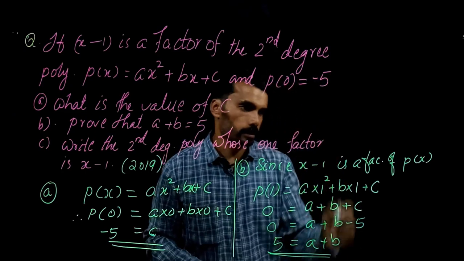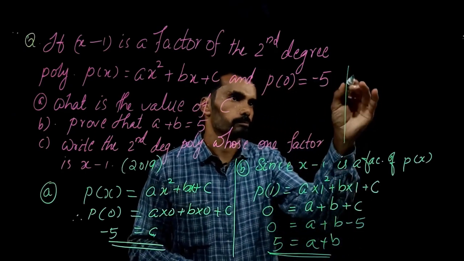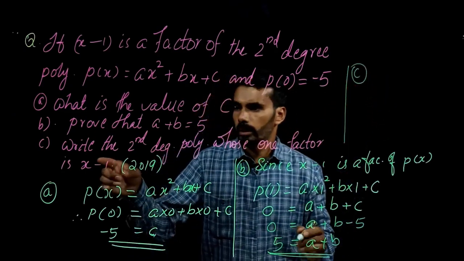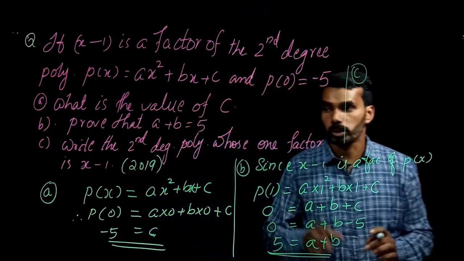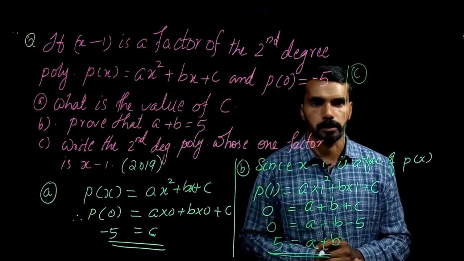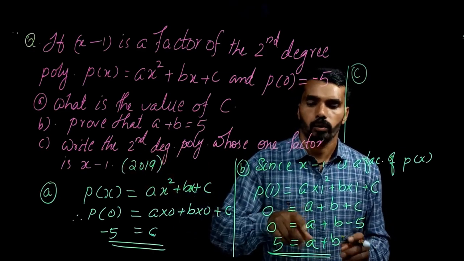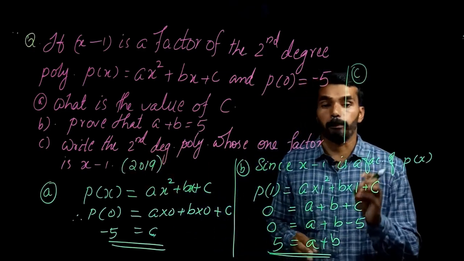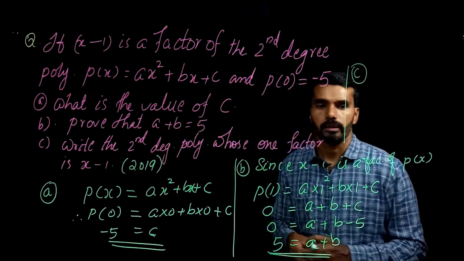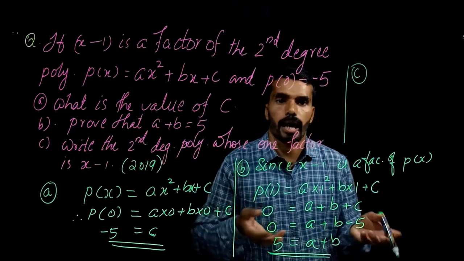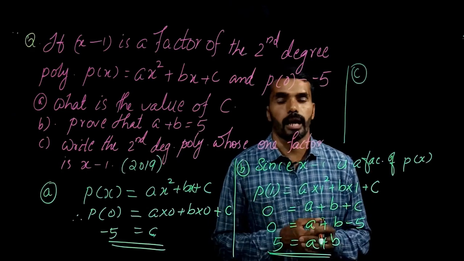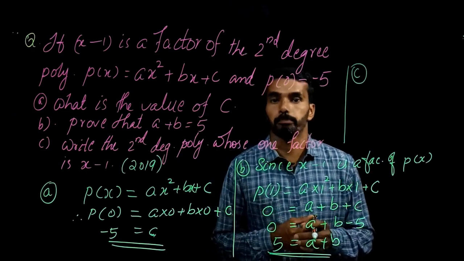Now see the third one. Write the second degree polynomial whose one factor is x minus 1. If x minus 1 is a factor, then we know a plus b is equal to 5. That is a is equal to 3 and b is equal to 2, or a is equal to 2 and b is equal to 3.